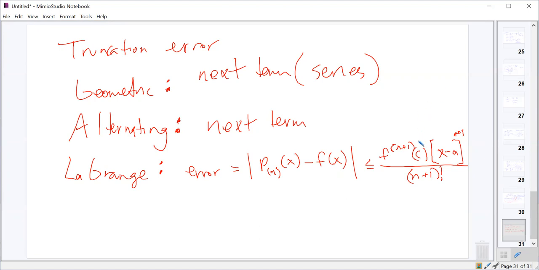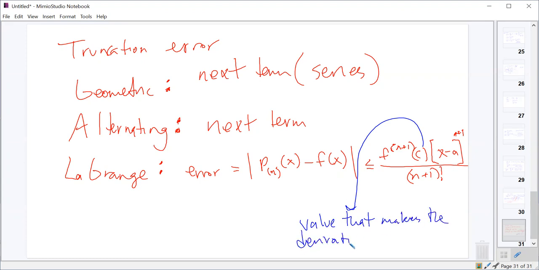And we will note that c is the value that makes the derivative largest on the interval from x to a.